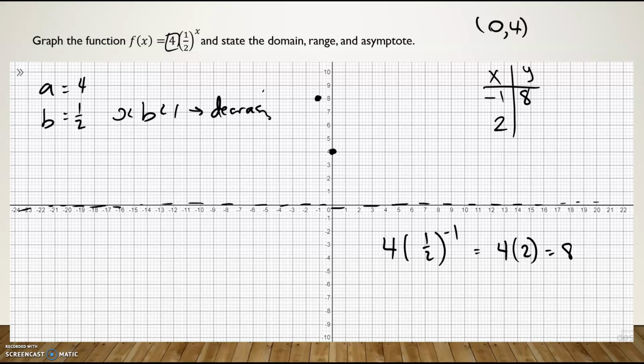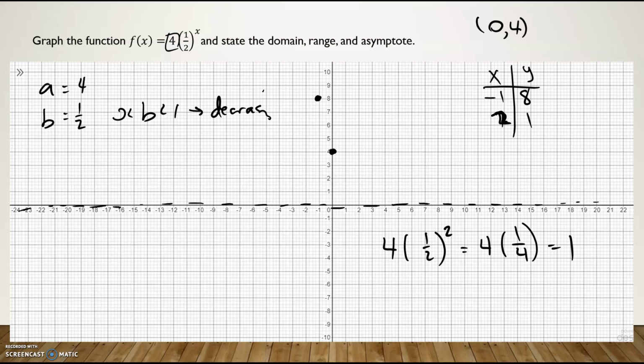And then we'll do positive 1. No, we'll go ahead and do 2. Okay, so then this will be 1/2 raised to 2. So it'll be 4 times 1 over 4.